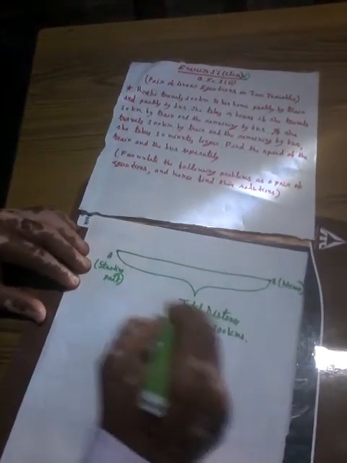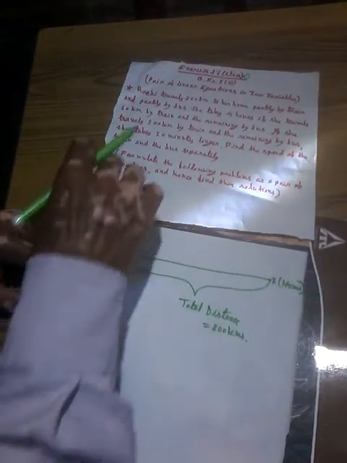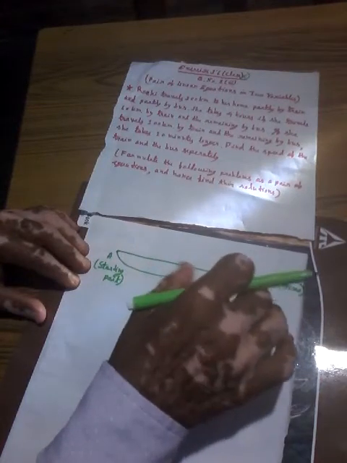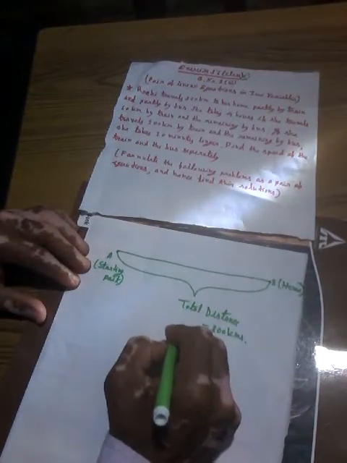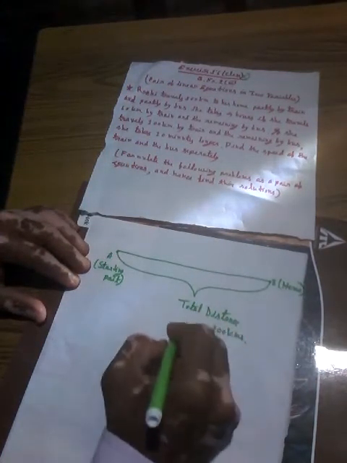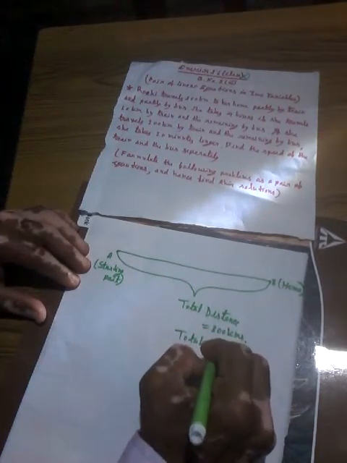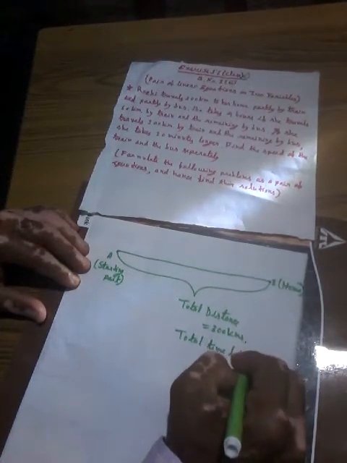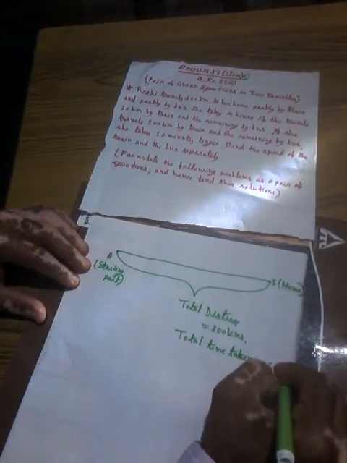That means to cover the distance from A to B by two media of transportation, train and bus, the total time taken is equal to 4 hours.